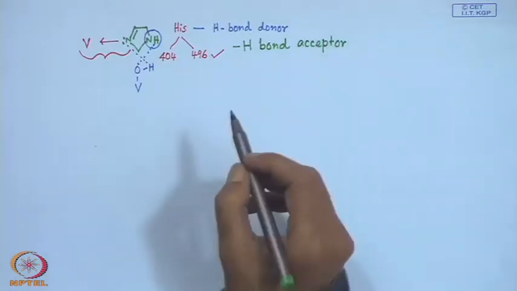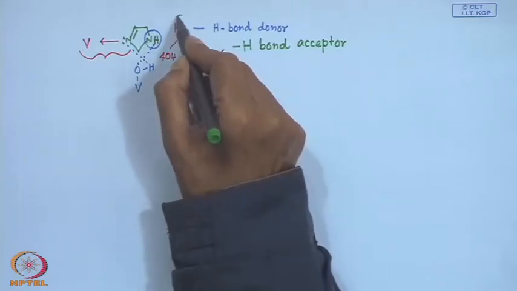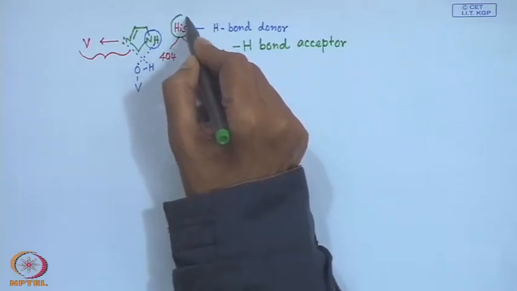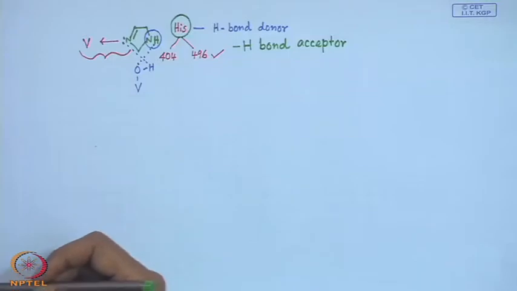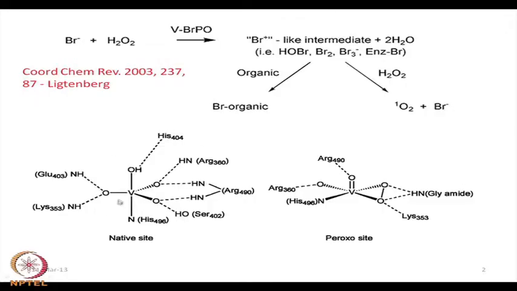So, whenever we have any histidine residues in the protein chain or the polypeptide chain, it is very useful to stabilize the vanadium center within the pocket. So, these two apical bonds are stabilized, one through a direct coordinate bond and the other through hydrogen bonding interactions.